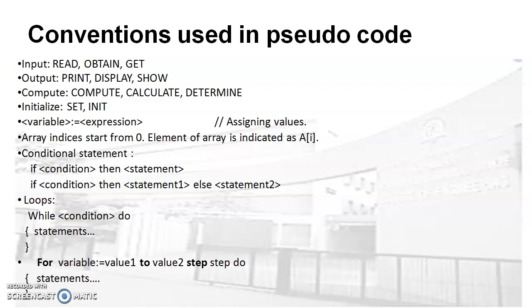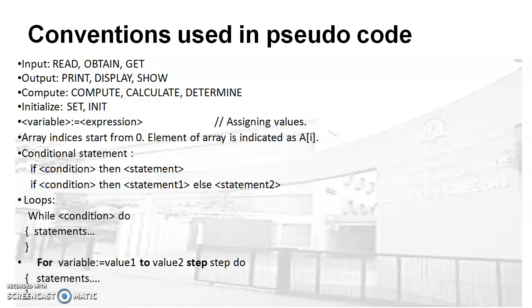Then there is a specific way of writing an expression and assigning its value to a variable. The variable is written on the left hand side followed by a colon and an equal to symbol, and the expression on the right hand side. The value of the expression is computed and assigned to the variable on the left hand side.